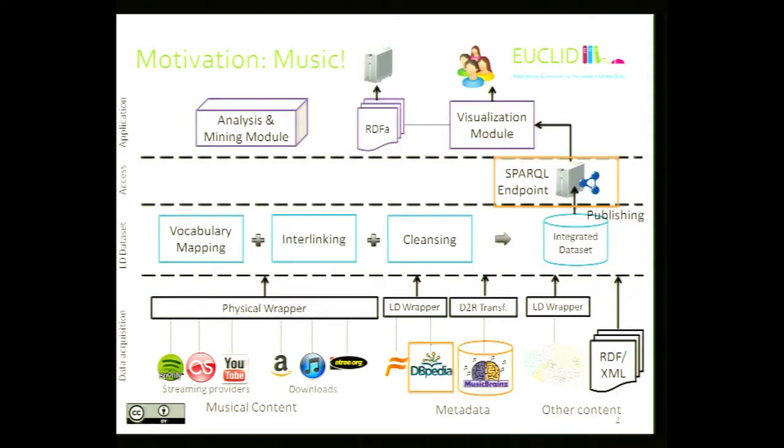Throughout Euclid, there's a motivating scenario based on building a music portal using lots of linked data, reusing web content, and we take different aspects of this architecture to focus on in different lectures. So today we'll be focusing on the SPARQL endpoint, and especially on how we bring together MusicBrainz data, which is a large data set of music, and DBpedia, which is a large general knowledge set of data, which is pulled as RDF from Wikipedia.